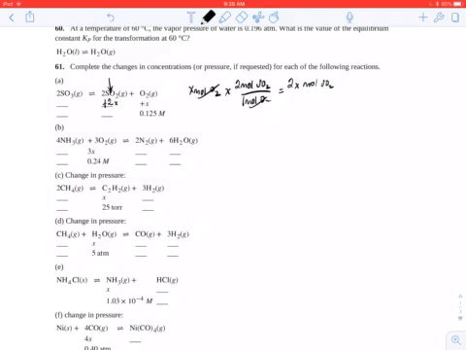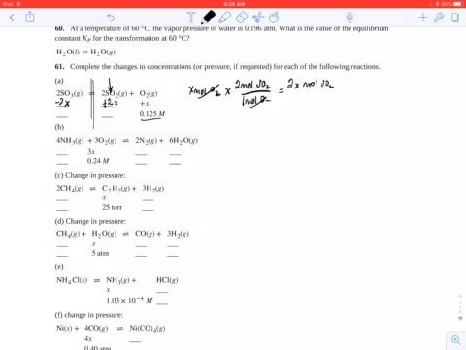Over here we have a 2 as well, but this is on the other side of the equilibrium. So if we draw a double line through the equilibrium arrow, we have pluses all on one side, minuses on the other. Now here in this problem we have 0.125.